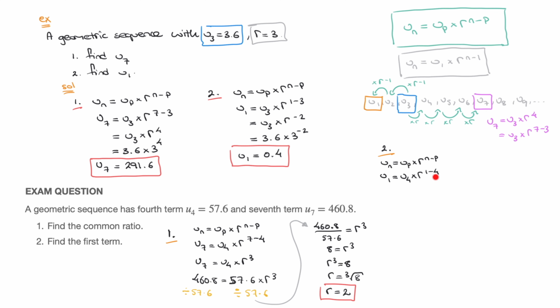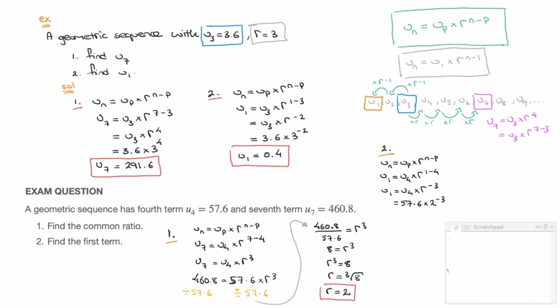Now 1 minus 4 is negative 3, so this becomes the first term is equal to u sub 4 times r raised to the power of negative 3. And now since the fourth term u sub 4 is equal to 57.6 and r is equal to 2, this becomes the first term u sub 1 is equal to 57.6 times 2 raised to the power of negative 3.